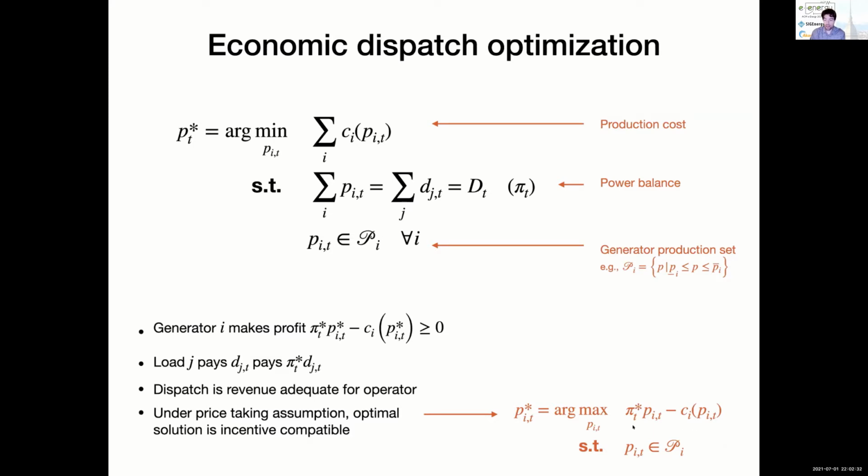What they're seeking to do, facing a price pi star, is find their optimal production quantity, P_i,t, and they have to, of course, satisfy their own private constraints. So it turns out that the dispatch returned by the operator, P star, is exactly the optimal solution of that private optimization problem. That's a really powerful property under this price-taking assumption that we'll seek to preserve.